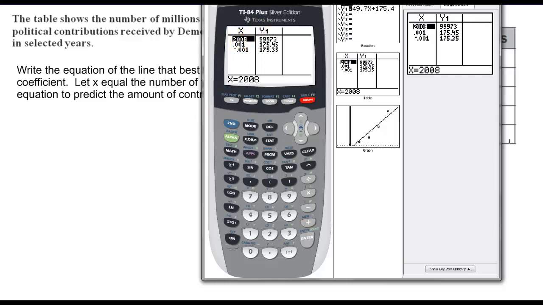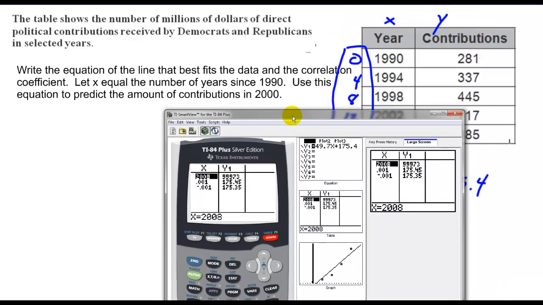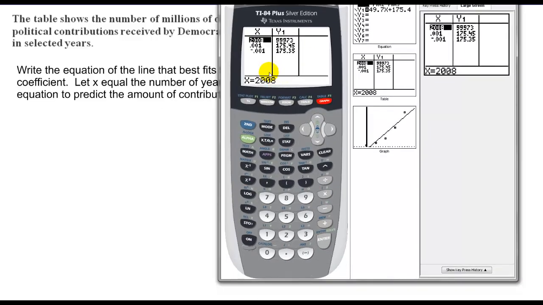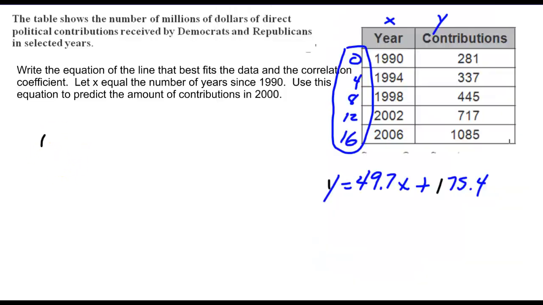They reflect the amount of years after 1990. So 2000 is 10 years after that. So I'm going to plug in the number 10 and get a y value by hitting enter, and I would get 672.4 contributions.